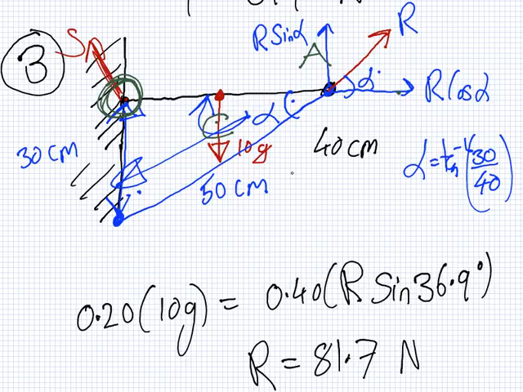Wait a second, I just want to make sure everyone has this. In the exam, the question is a little bit harder than this, not much. The only difference is what they like to do is put in a weight at the end of the beam, so there's an extra force, like 20g or something.